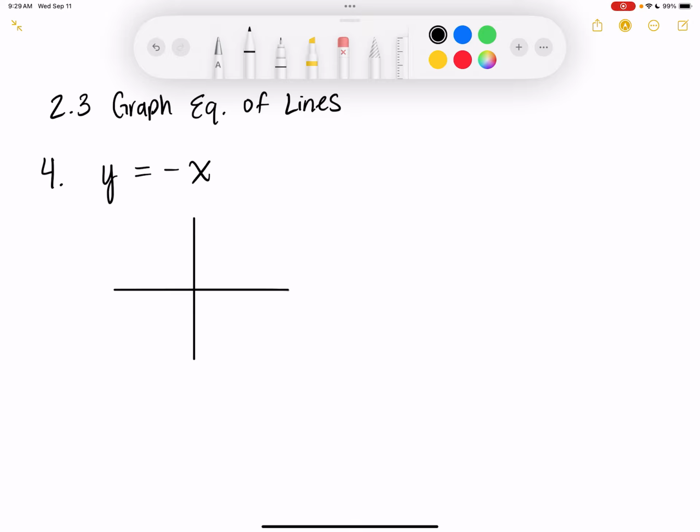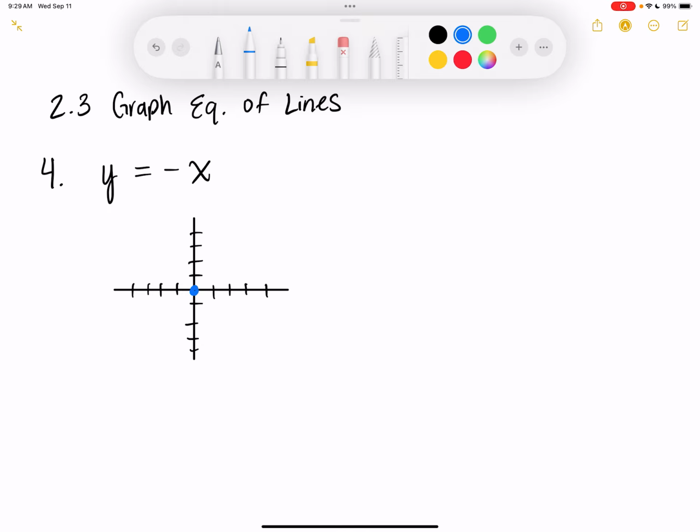If you want to do it on graph paper, that's fine. If you don't, also fine. I don't care. Alright, what's my y-intercept? 0. What's my slope? -1. So what does that mean?